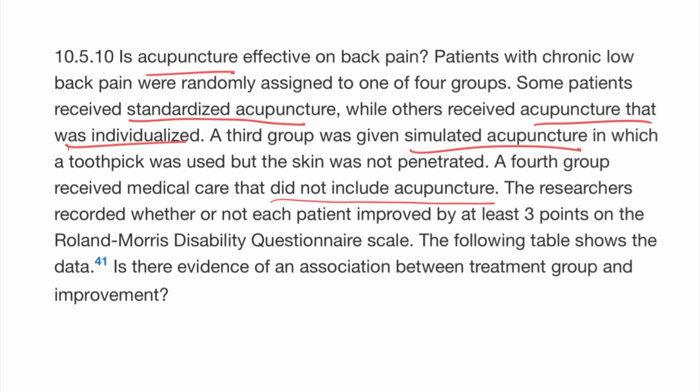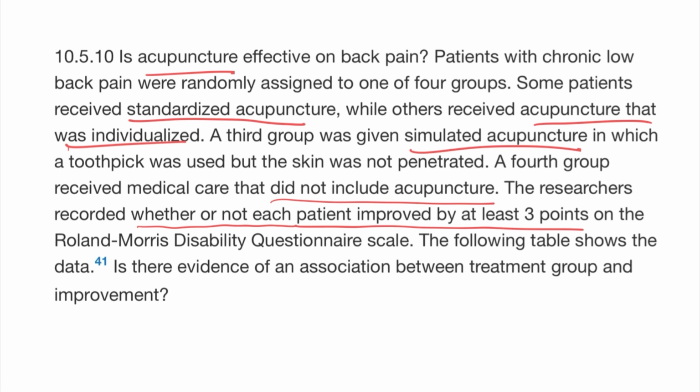So there is a scale, presumably some kind of numeric scale, that they reported their improvement on, but the actual variable that we're looking at is whether or not they improved by at least 3 points on that scale. So that makes it a categorical variable. Either they did improve by that amount or they didn't improve by that amount.